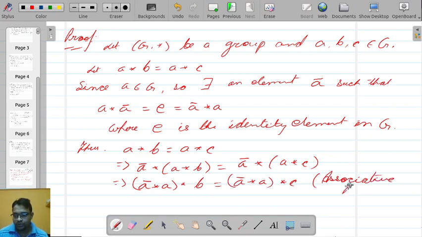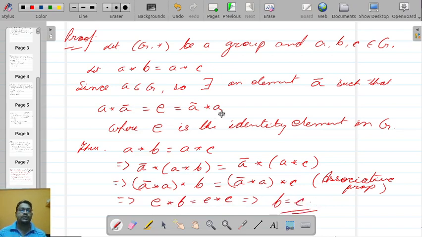This is the associative property. Here we apply this result: A bar star A is E, so E star B equal to E star C, which implies B equal to C.